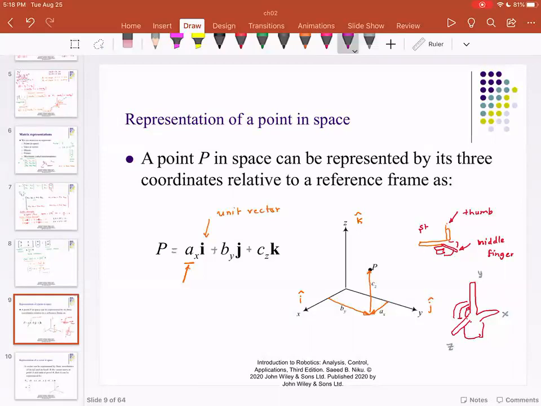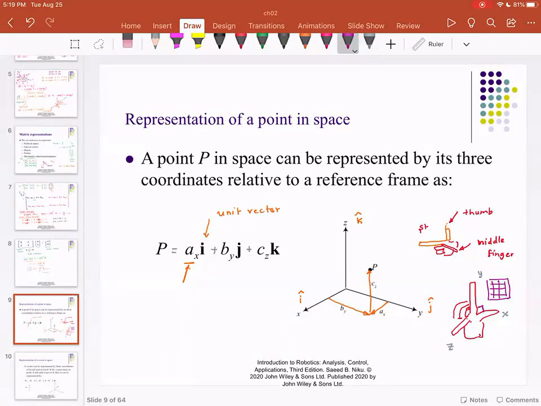And one way to remember this is if you have a graph paper, and if you align your thumb to the X of graph paper, your pointer will get aligned to the Y axis. And naturally, the third triad, that is Z, will be coming out of the board.